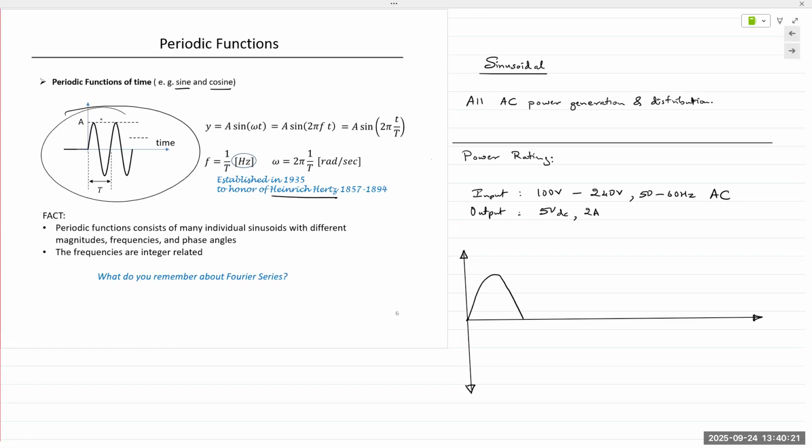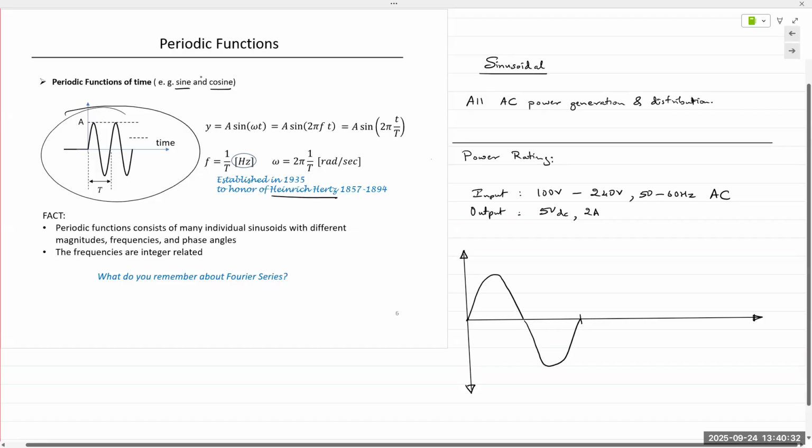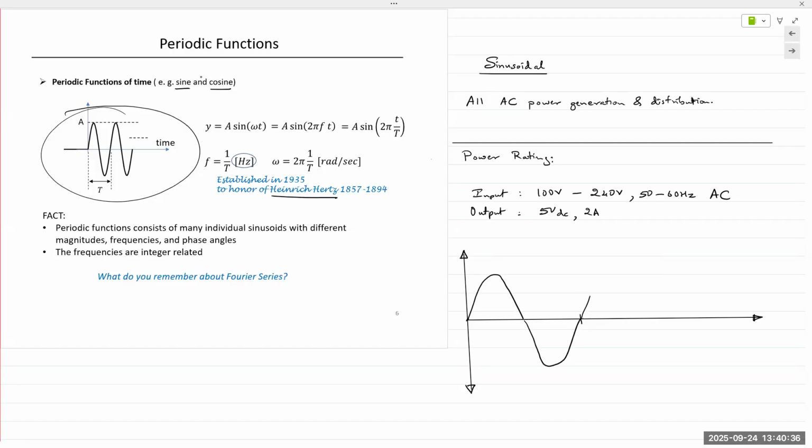Then it goes negative, so it goes to a negative peak, and then comes back to 0. After this point, the waveform starts repeating itself. Okay, so the point where it starts repeating itself is known as one time period of that waveform.